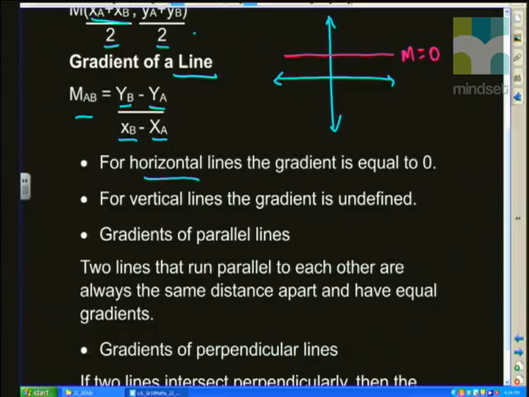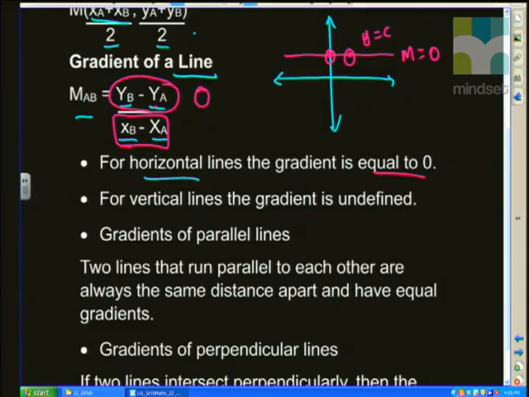Now, the reason for that, hopefully you guys can see the reason for that, but remember, everywhere along this line, y is equal to some value. Let's just say y is equal to c, okay? Because your y coordinates at any point are exactly the same, when you use your formula, y coordinates at point B minus y coordinates at point A, it doesn't matter what your denominator gives you, your numerator will always give you 0, and therefore the gradient of a horizontal line is equal to 0.